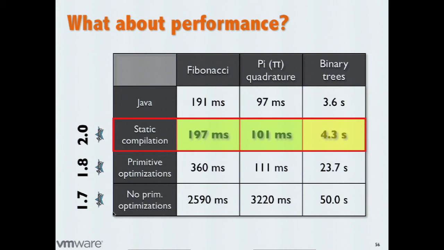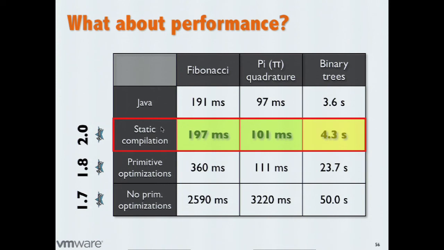In Groovy 1.7, we added some code for when you were doing primitive type calculations. Not in 1.7, sorry, that was in 1.8 that we introduced that. So for code relying on number crunching, we got some good performance thanks to those improvements.